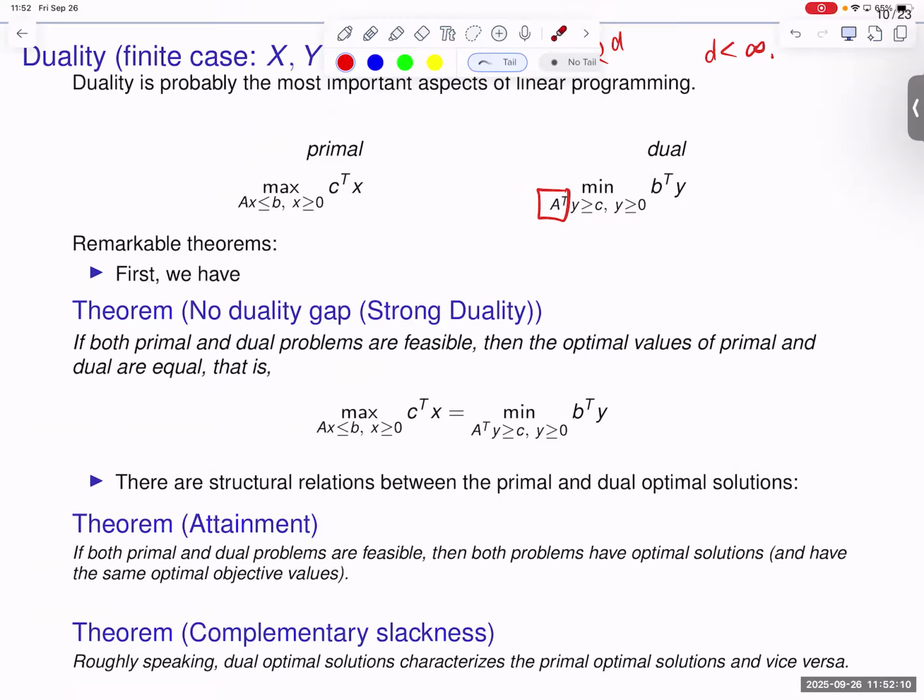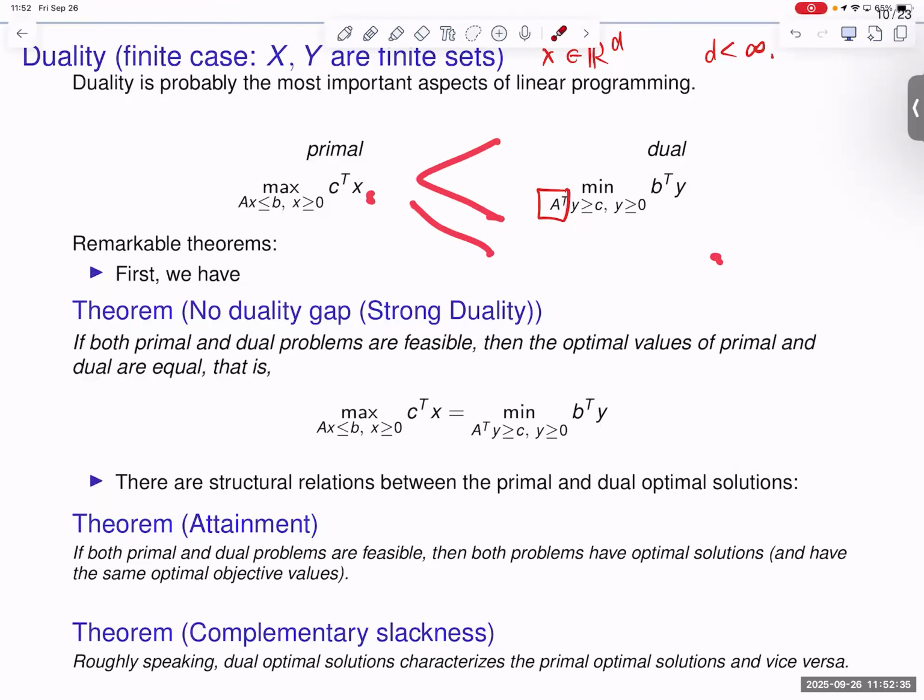dual problem. Okay. The first thing is the so-called no duality gap. Sometimes it's called strong duality, but I prefer this name, no duality gap. It's the following. If you examine these expressions, it is very easy to see that you have this inequality.